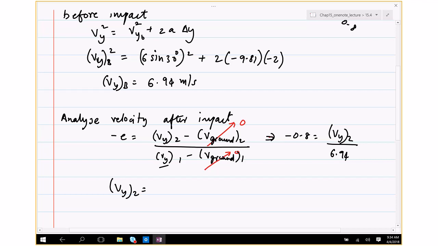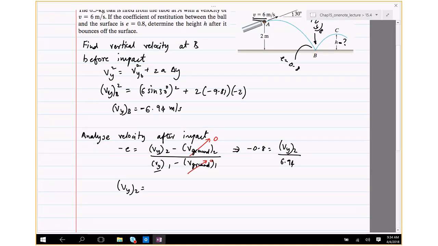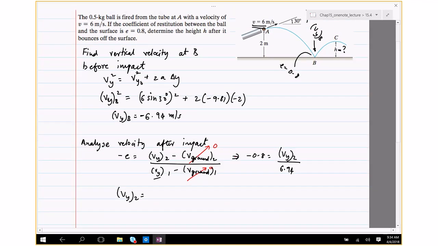I think I made a sign error here. This should have been negative. If I assume upwards to be positive and downwards to be negative, when I solve for Vy, this 6.94 would have two signs, plus and minus. I need to take the minus sign because upwards is positive, downwards is negative. So I would stick to the negative sign. I forgot to add that.